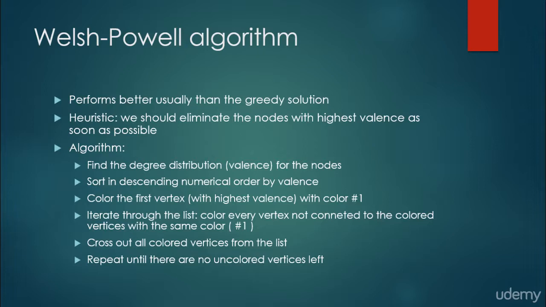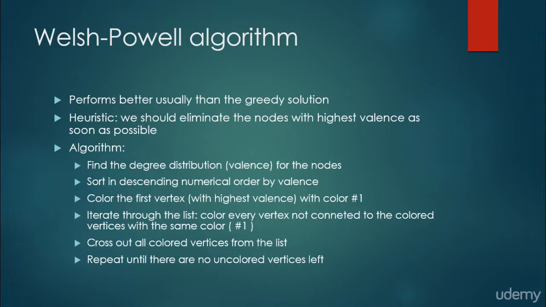So the algorithm is that: find the degree distribution, or the valence, for the nodes. We just have to calculate for each node how many neighbors that given node has, and sort in descending numerical order by valence. Color the first vertex with the highest valence with color 1.